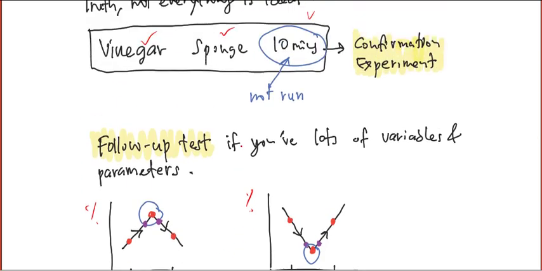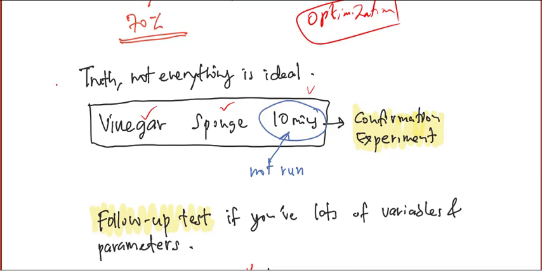Otherwise, we can just follow what we have found and run the test to check our result, which gives us the maximum desirability or the highest percentage result.